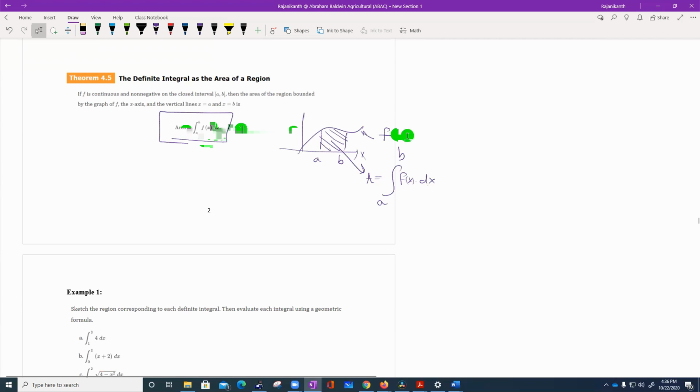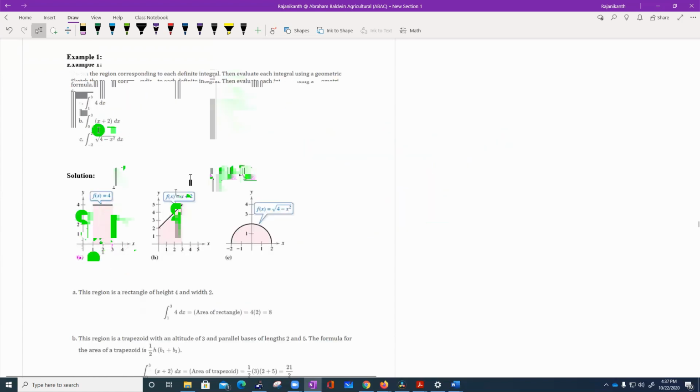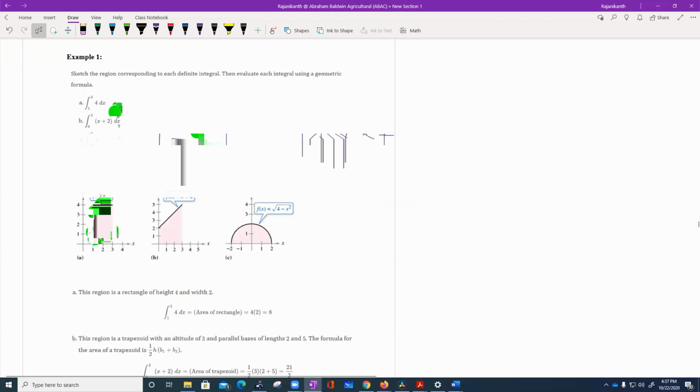Remember, in 4.1 at the beginning, we had a list of antiderivative formulas. So you can use those formulas to find the integral of the given function. Okay. So now this is all the explanation. The antiderivative of a non-negative function means nothing but the area under the curve. So the first example: the integral of 4 from 1 to 3.